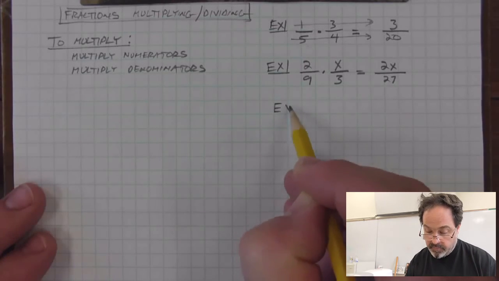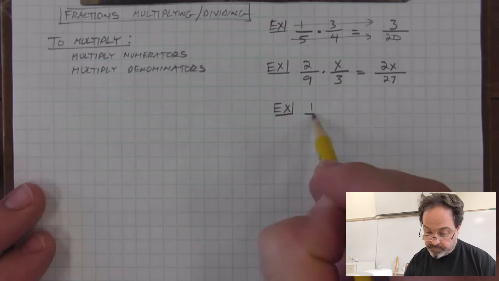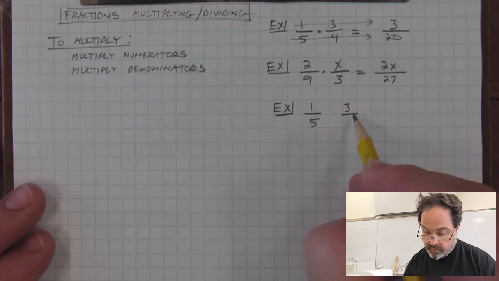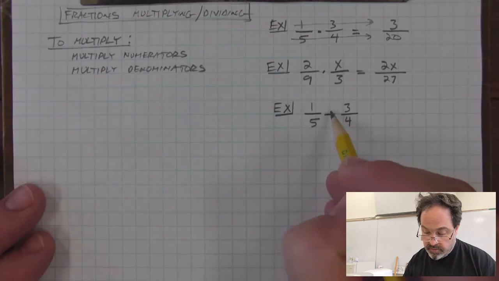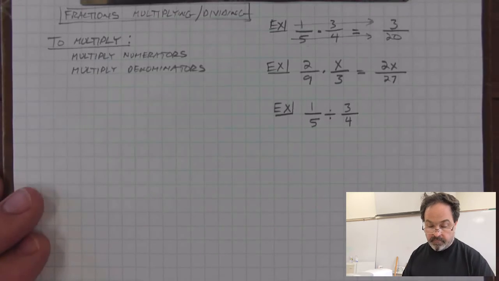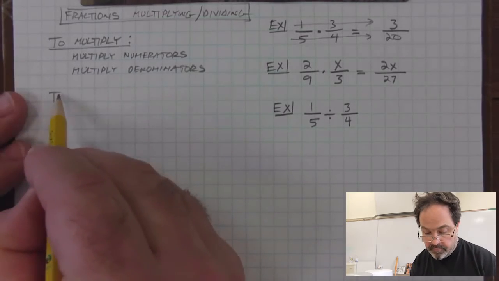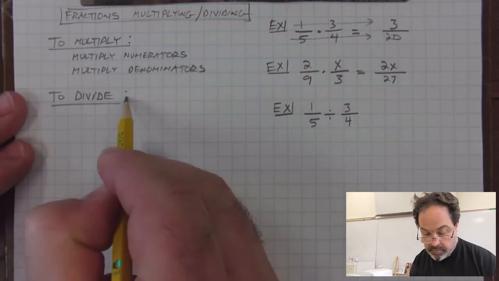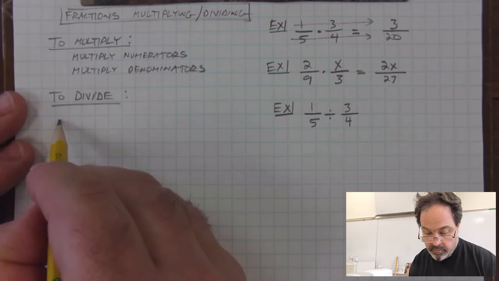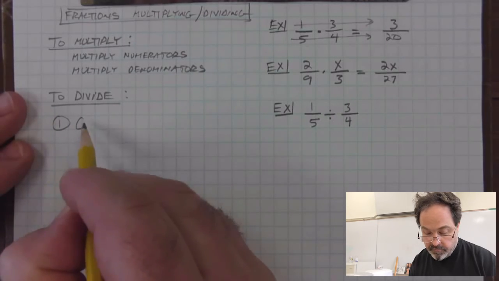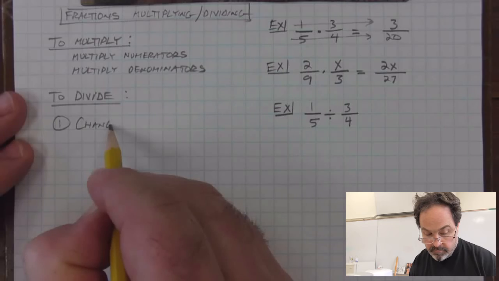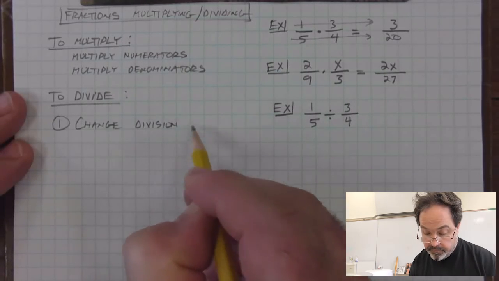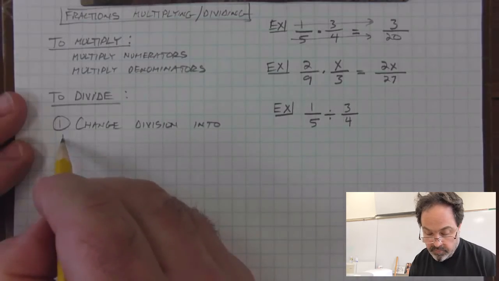Let's have an example of dividing fractions. We take the fraction 1/5 and the fraction 3/4 and divide them. How do we divide fractions? To divide, we take the first step to change division into multiplication.